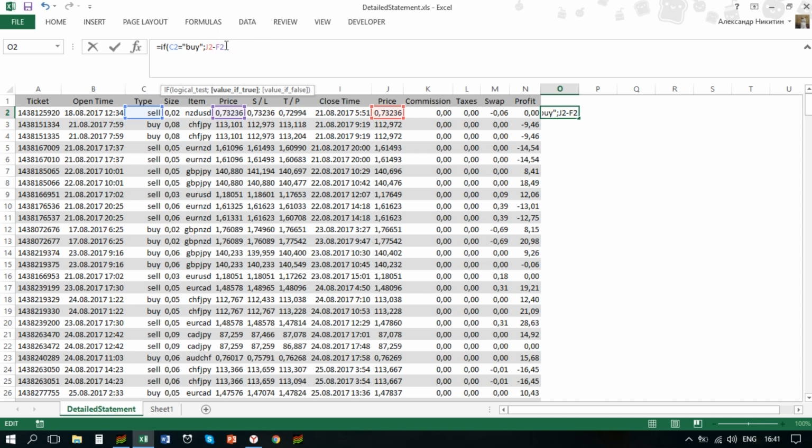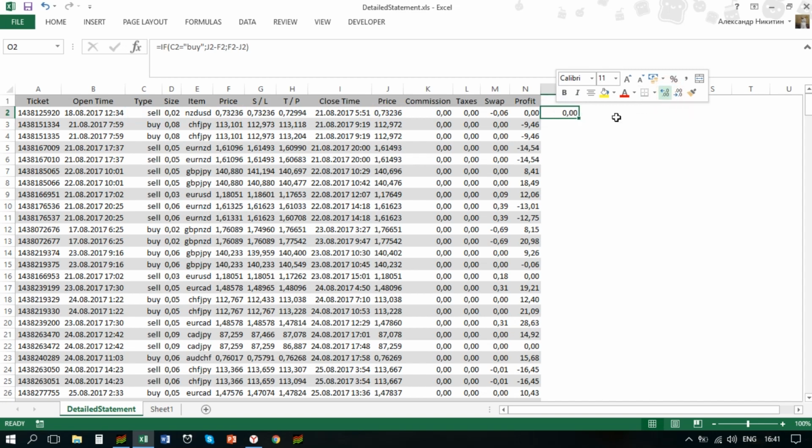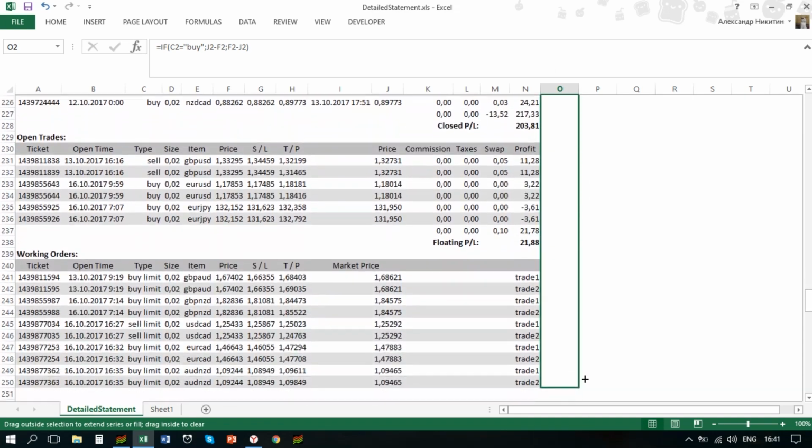No, it shouldn't be. Perfect. And if it is not buy, if it is sell, then do vice versa, price of open position minus price of closed position. This way I will know the amount of pips generated. What I need to do, 1, 2, 3, 4, 5 for that, and I should stretch it to the downside.